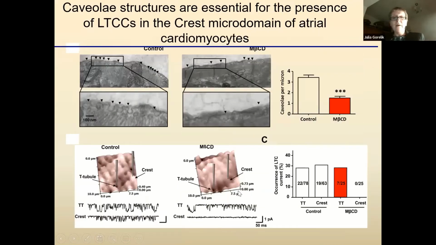And we found that because atrial myocytes have 5 times more caveoli than ventricle myocytes, when we add the cyclodextrin, which disturbs the caveoli, we cannot find the channels in the crest.